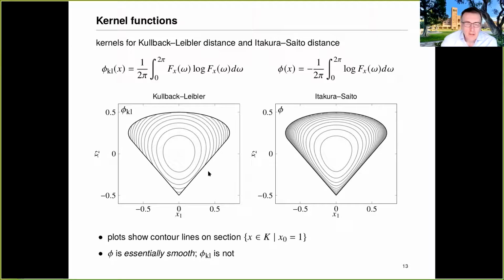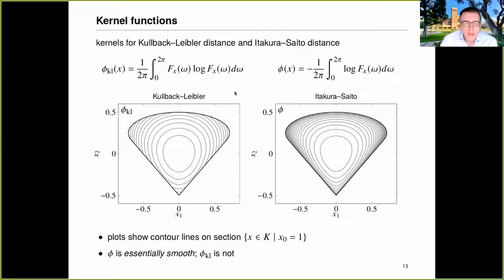But the contour lines also show why in our applications it's actually not satisfying the conditions we'll need, because the function doesn't decrease, and the derivative can be bounded on the boundary. So if you use this in a projection or a generalized projection, you may get a point on the boundary. And in the algorithms we'll discuss, we'll need the generalized projections or generalized proximal operators to always give a result in the interior of the cone.